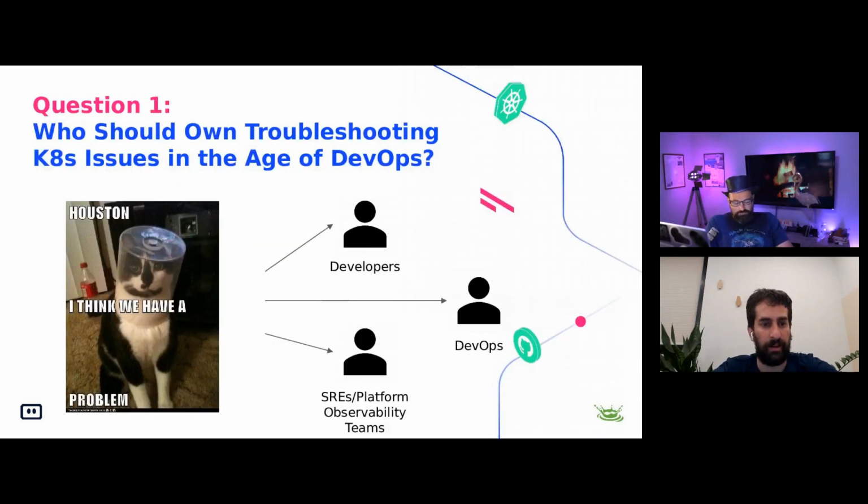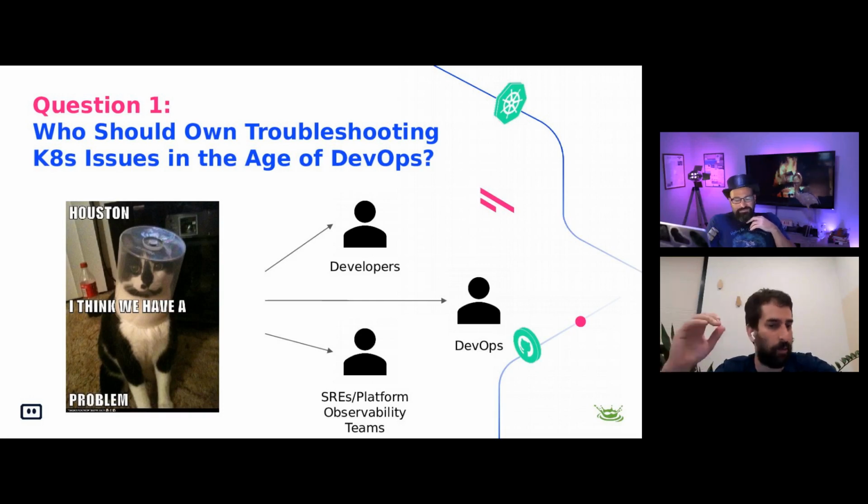Yeah, completely. So I'm going to start the discussion part with the first question out of a couple that we prepared, and feel free to ask questions yourself. Who should own the troubleshooting process in the age of Kubernetes?